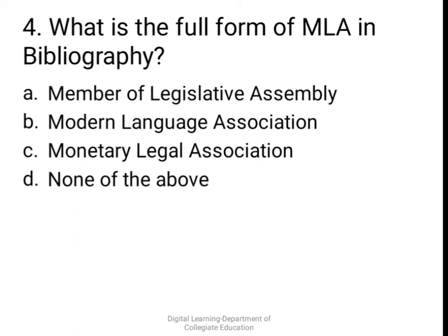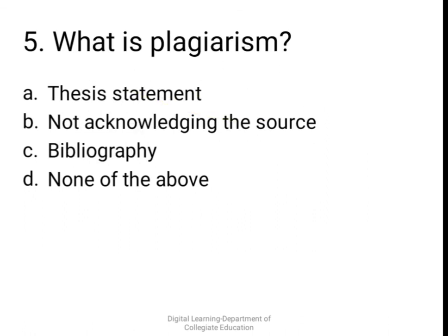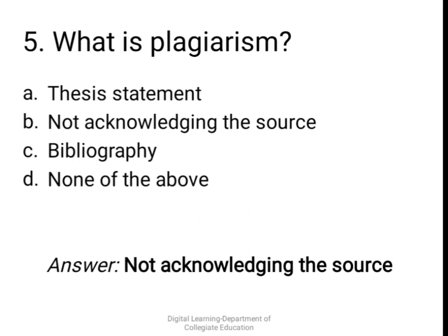Member of Legislative Assembly, Modern Language Association, Monetary Legal Association, or none of the above? What is the answer? It is Modern Language Association. Right? So move to the fifth question. What is plagiarism? Thesis statement, not acknowledging the source, bibliography, or none of the above? The answer is, not acknowledging the source is called plagiarism.